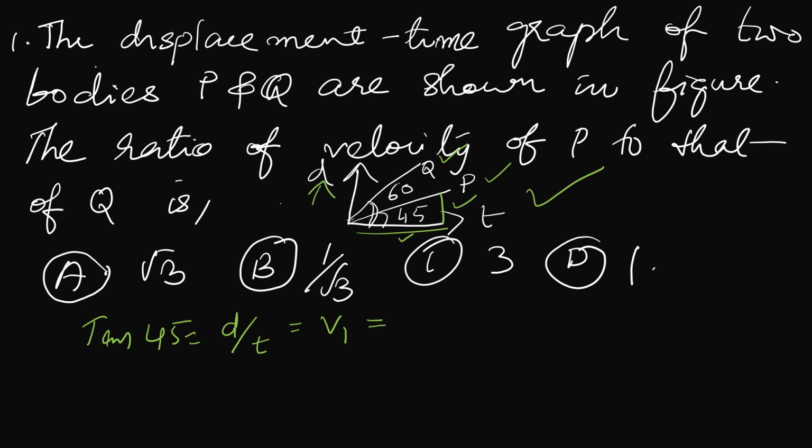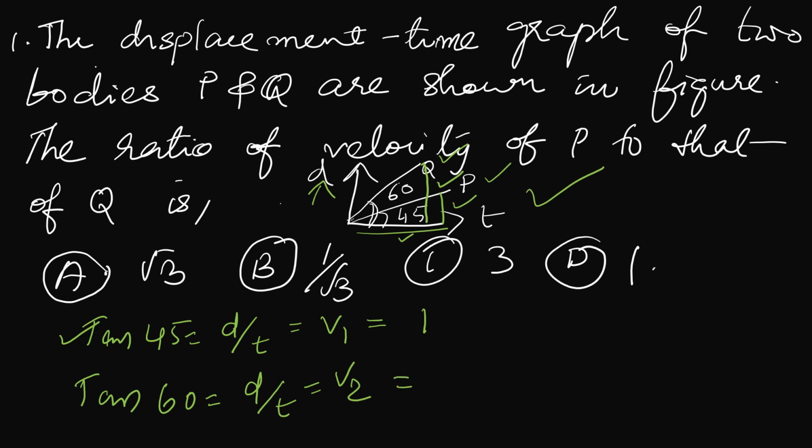We know that tan 45 is 1. Similarly, we will find tan 60 for the second body. Again, it is opposite side by adjacent, that is also d by t.